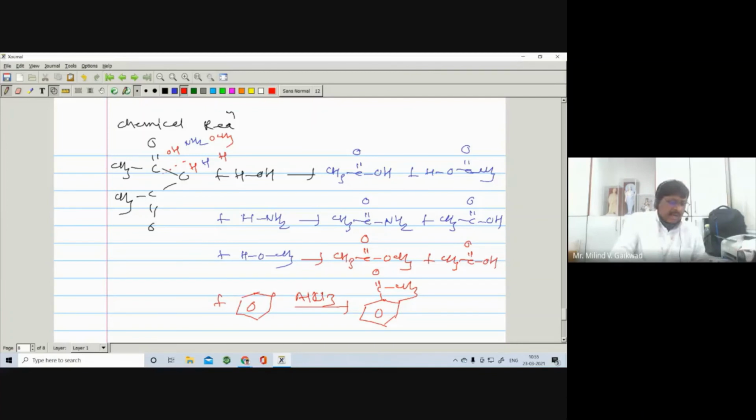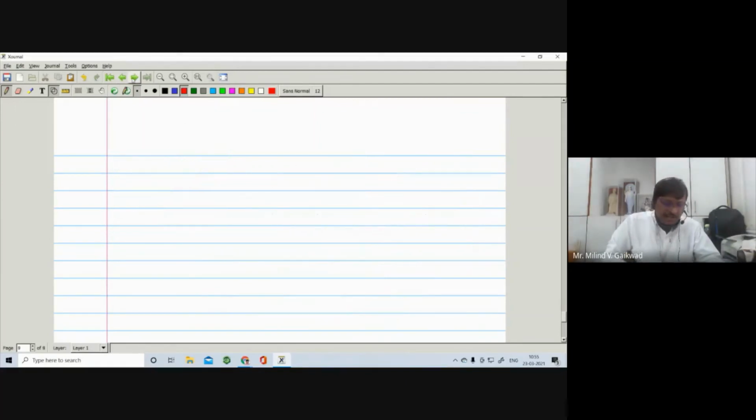And the next is the reactions of esters. First, the preparation of ester starting from carboxylic acid.